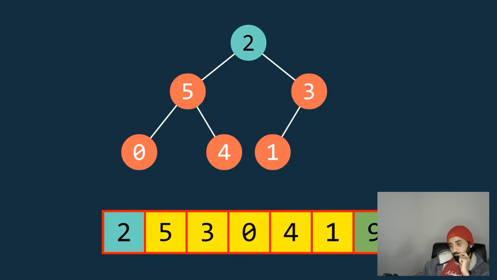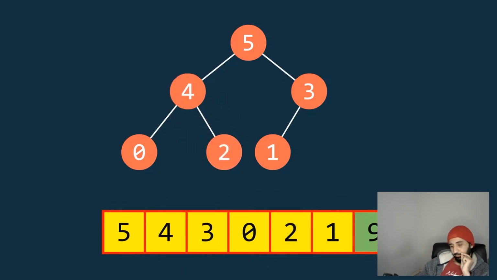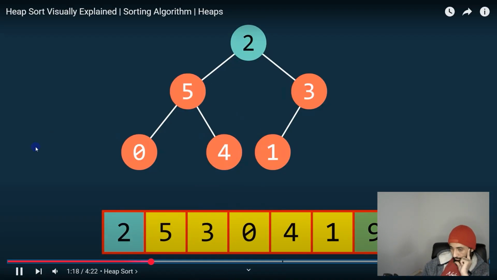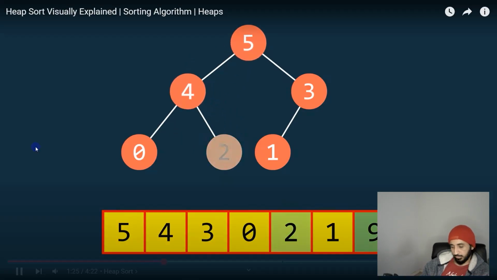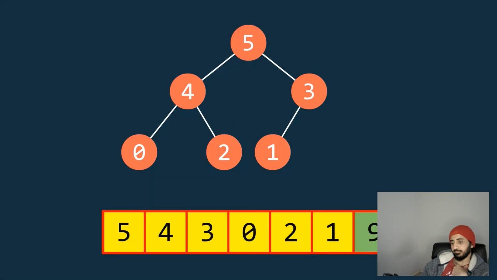To fix this, we perform a heapify down operation to restore the heap property and maintain the max heap. And just to be clear, everything we are doing here is happening within the array itself. The binary tree we have been looking at is purely a visual aid to help our human minds better understand what's going on behind the scenes. This process of swapping the root with the last element and then performing heapify down continues.